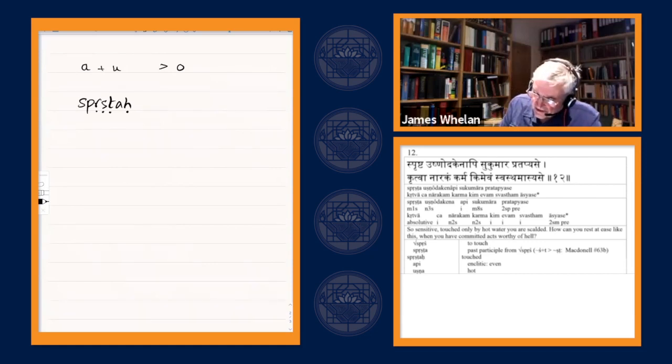When you get a word ending in an ah, followed by another word beginning in any letter apart from a short a, all that happens in the Sandhi is that you drop off the visarga, the subdotted h. So that's why it becomes sprishta ushnodikenapi.